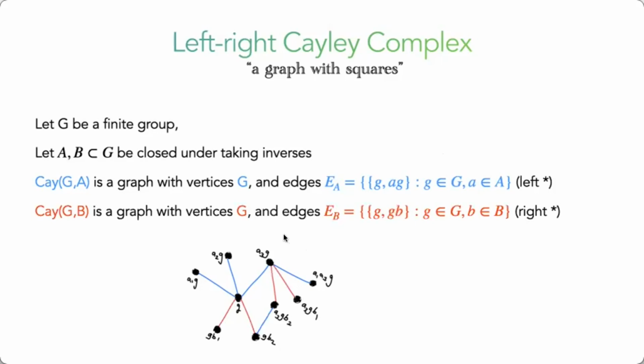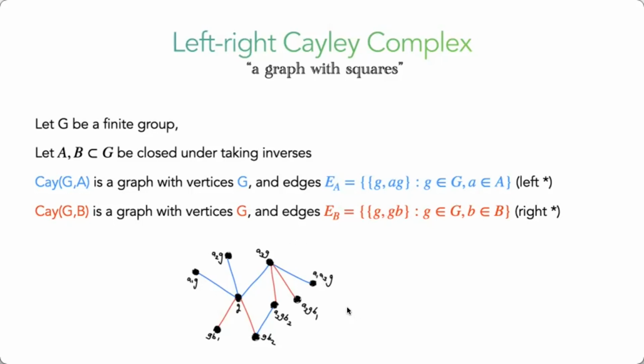The twist is that the A edges are going to be with left multiplication, so you move from G to A times G. And the B edges will be with right multiplication. You move from G to G times B. So it's almost the same, with this slight twist. That's why we call it a left-right Cayley graph or complex, because we have both right and left multiplication.